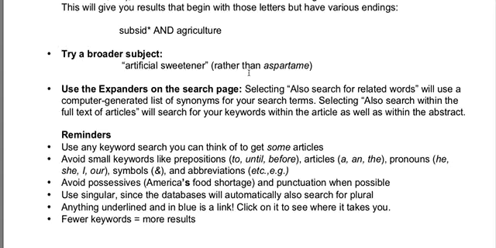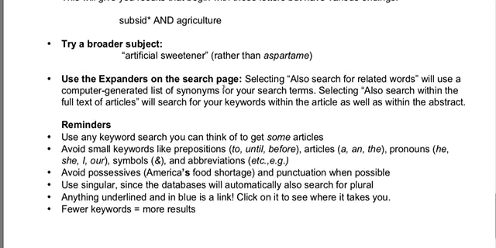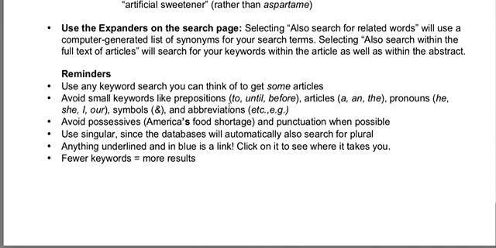If you're not getting enough results, it might be because you're not using the right word. You're not using a word that experts are using. So you have to figure out what words experts are using, and then you have to put those in as variables into your search engine. Okay, and then at the bottom of this handout, there are some reminders. It tells you what to do and what to avoid down here.